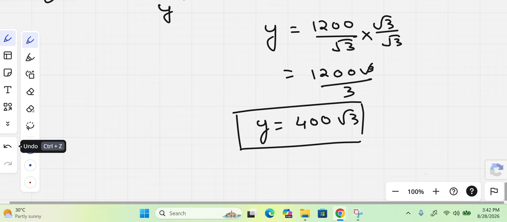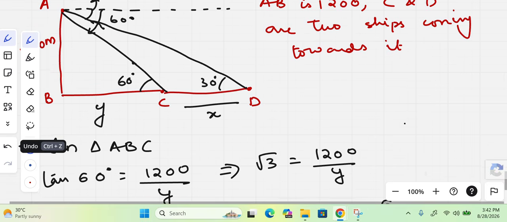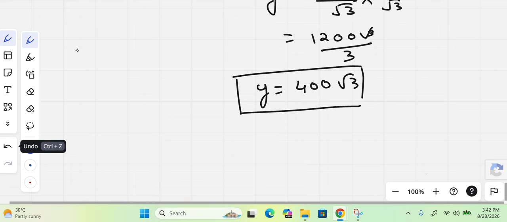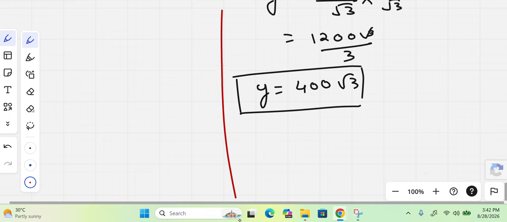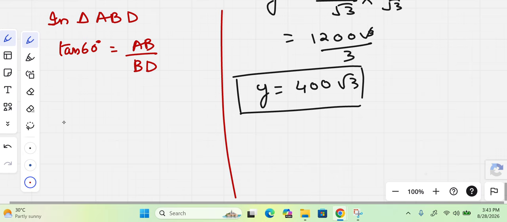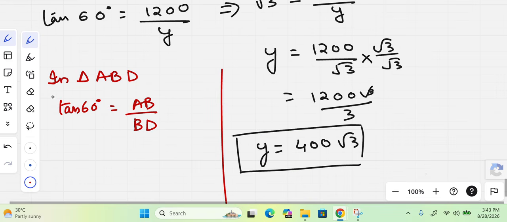Which is the next triangle? ABD. So in triangle ABD, tan 30 is equal to AB by BD. Did we do 60? We have to do 30 now. Tan 30 is 1 by root 3. AB is 1200. How much was BD?